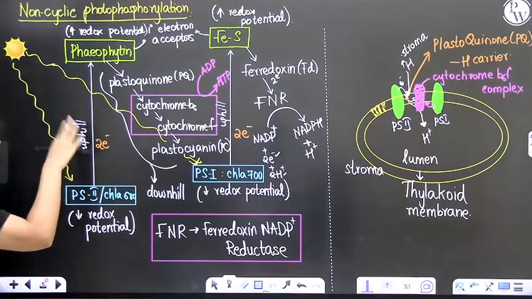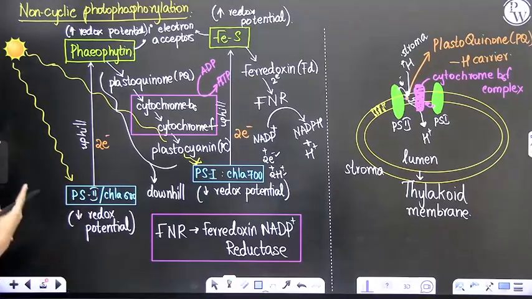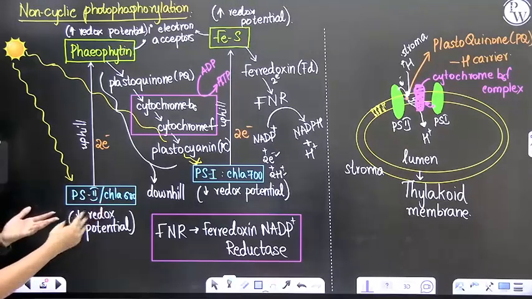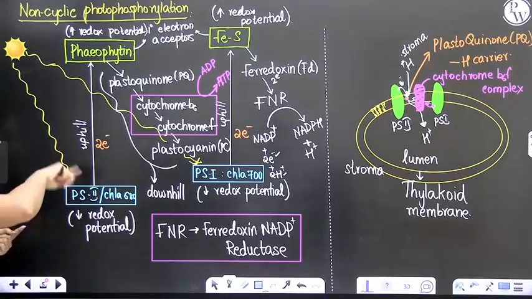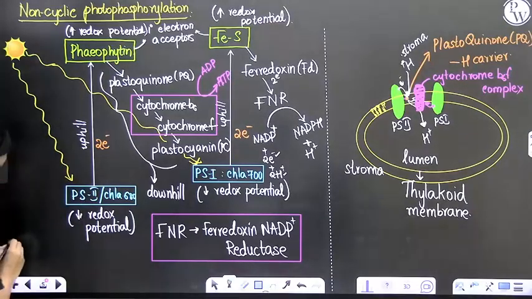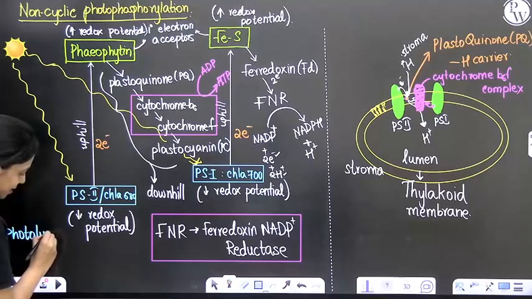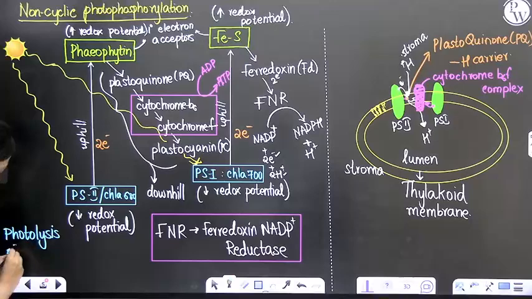If it keeps on losing electrons, will the chlorophyll A molecule remain stable? Will it be able to do its job? It won't be able to do its job. For it to do its job effectively and efficiently, the electrons that have been lost must be replaced. In order for that to happen, something called photolysis of water takes place.